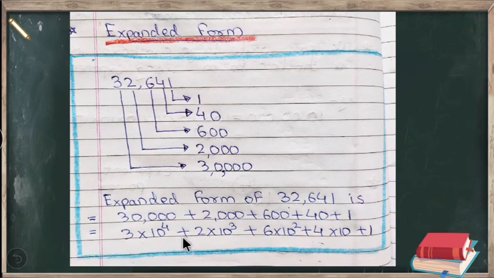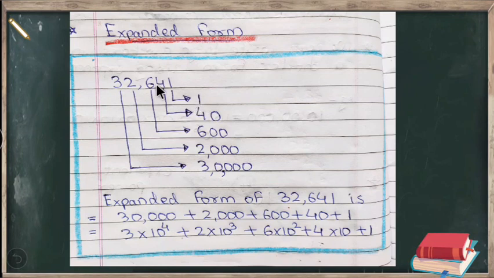Now let us see what we mean by expanded form. Suppose this number is there, 32,641. First we will write the place value of each digit according to its place. Here 1 is in the ones place, so we will write the number 1.